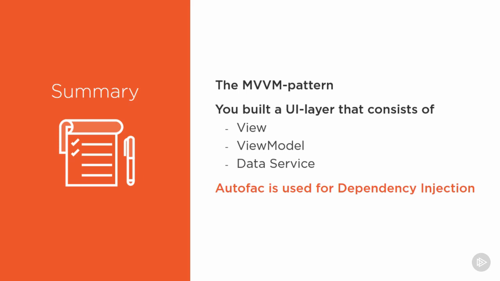So with Autofac, the view model is automatically injected into the view's constructor and the data service is injected into the view model's constructor. Now the basic UI layer is done. In this module, we have returned fake data from the FriendDataService. Now let's set up Entity Framework so that we can load data from SQL Server.